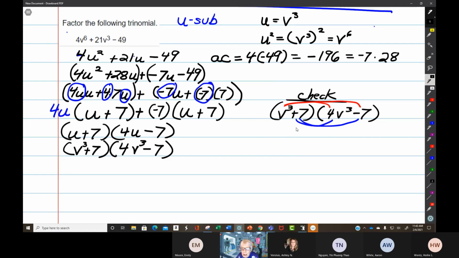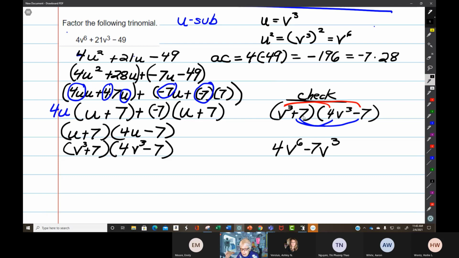Okay. v to the third times 4v to the third is 4v to the 3 plus 3, which is 6. And v to the third times minus 7 is minus 7v to the third.